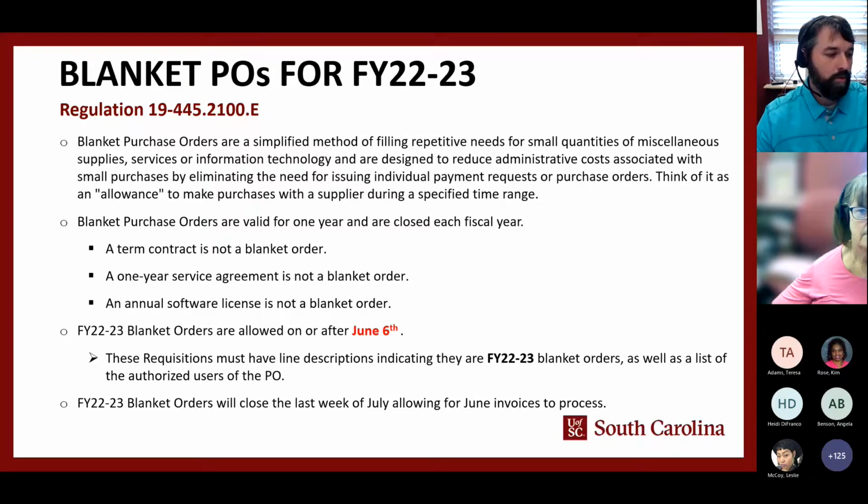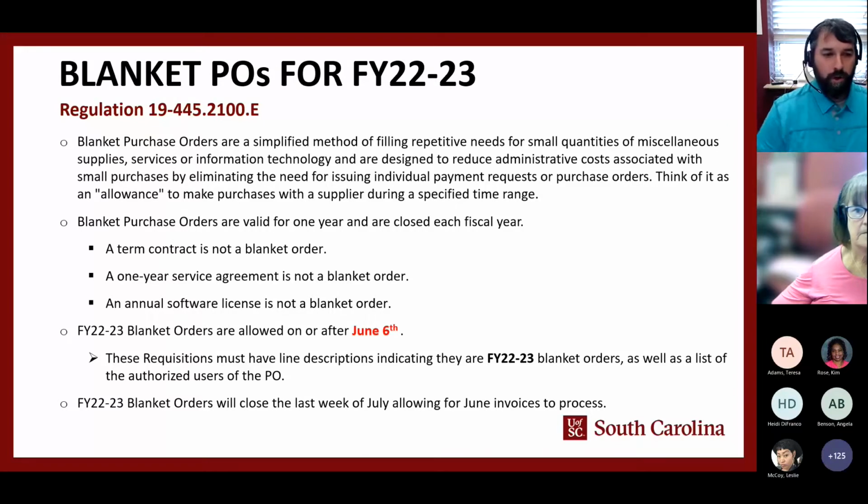You'd have an invoice that would be paid against the PO line, and that's kind of a gray area. You could have 2 or 3 in a month and maybe none the next month if you didn't need to use it, but then you could pick back up again in a couple more months. It's the miscellaneous repetitive needs of that supply or service that's going to last the lifetime of that blanket order.